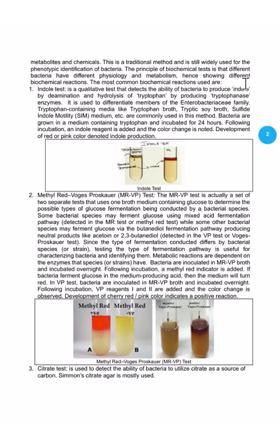If you want to detect this indole, there is a specific indicator or reagent that we add to this medium, and this reagent is testing the change in the pH of the medium.